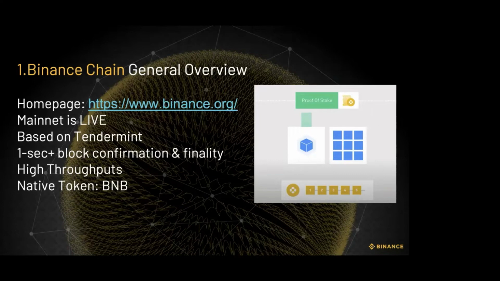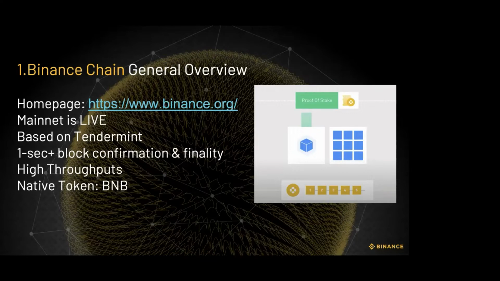Right now, we have 11 validators on the mainnet, and Binance Chain is very, very fast. It produces a block in less than a second, and the block has instant finality. That means that once a transaction is recorded on a block, it can never be reverted.